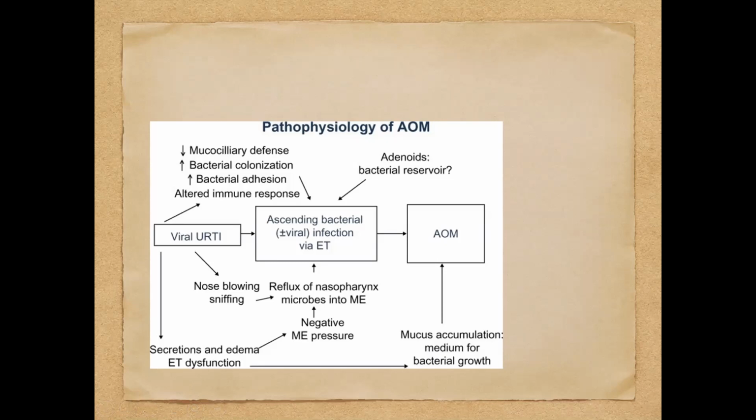That fluid can get infected, and then you get acute otitis media. Or sometimes nose blowing or sniffing can lead to reflux of the nasopharyngeal contents through the eustachian tube into the middle ear.